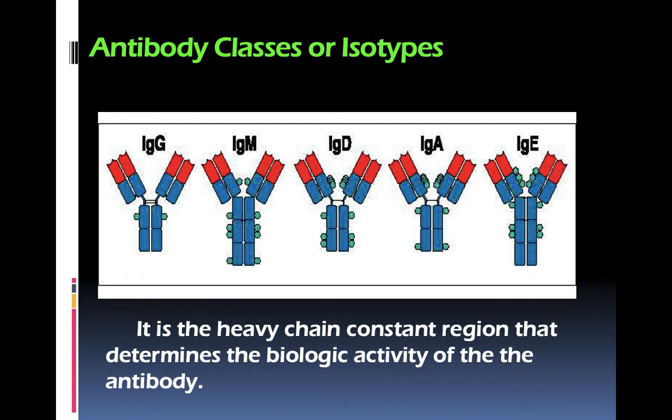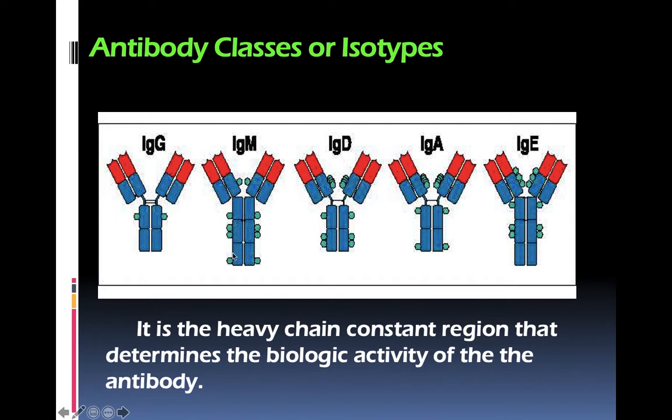These antibody classes are different from one another in terms of form and function. To reiterate, the heavy chain's constant region is responsible for determining the biological activity of each antibody class. From this illustration, we can appreciate early on the differences in the constant regions of the heavy chain, such as the number of domains.